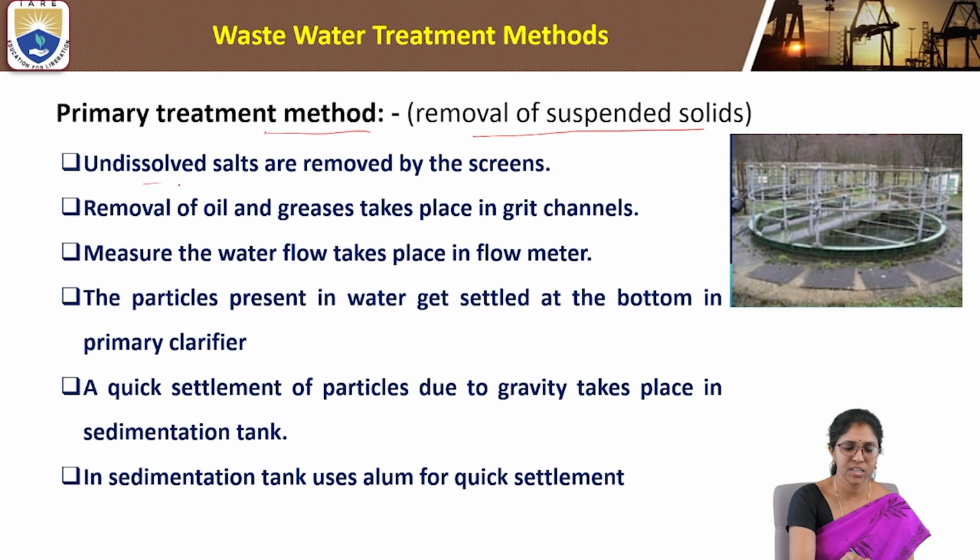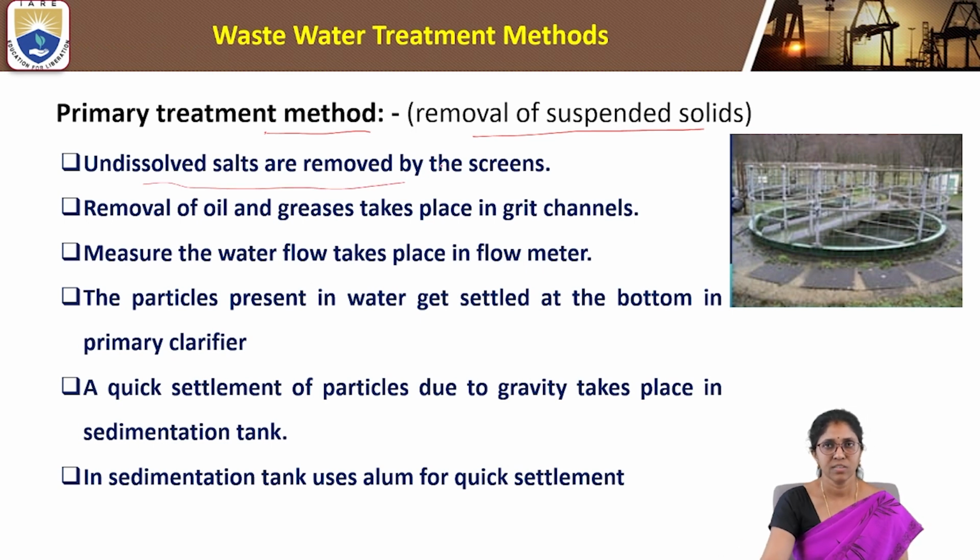In this, undissolved salts are removed by the screens. So in the primary treatment method, we are using screens to remove the undissolved salts, and the removal of oil and greases takes place in grit channels. By using grit channels, we can remove the oil and greases present in wastewater.